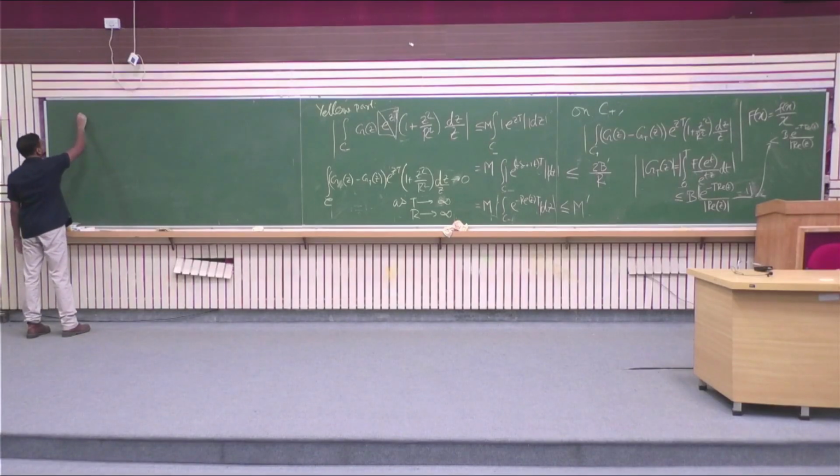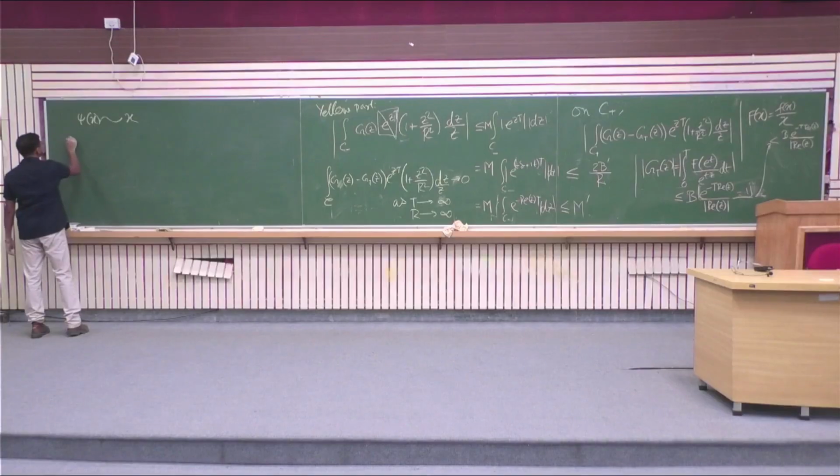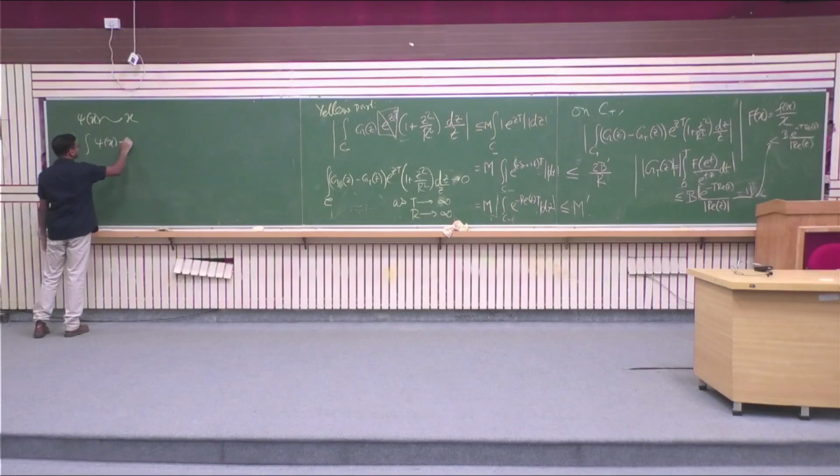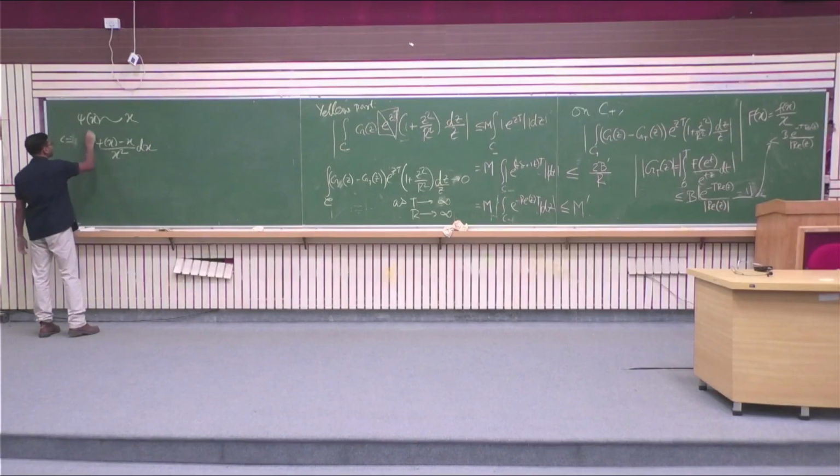So we are trying to show that psi x is asymptotic to x, which is implied by the convergence of this integral, psi x minus x by x squared dx from 1 to infinity.